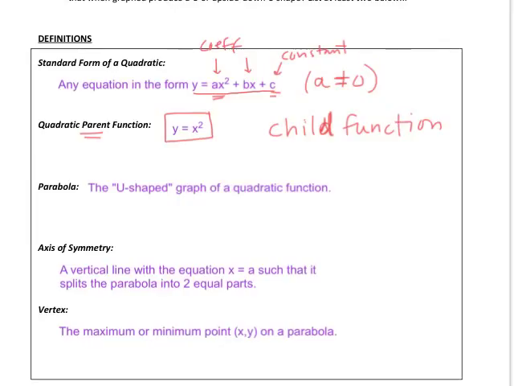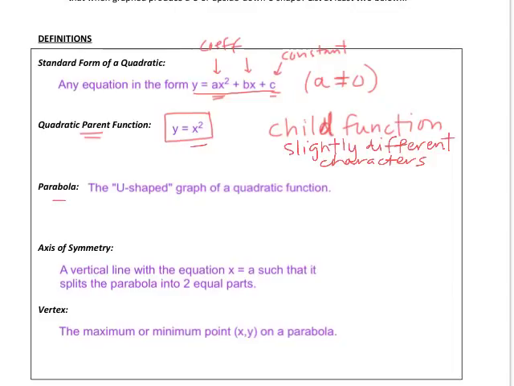So a child function has slightly different characteristics, sort of like you have slightly different characteristics from your parents. And we're going to be talking about those differences between the parent function of x squared and the child function that we'll be graphing in a couple of our examples.